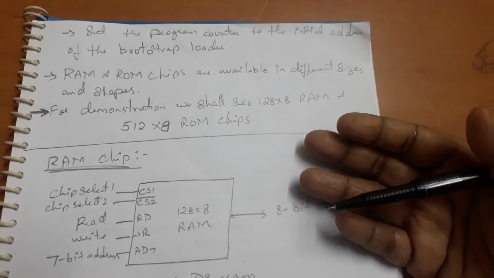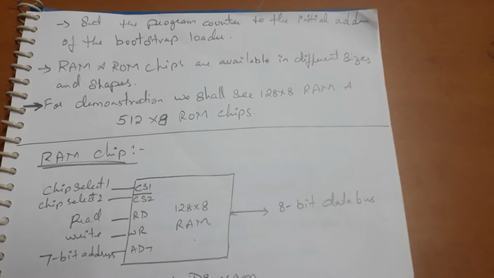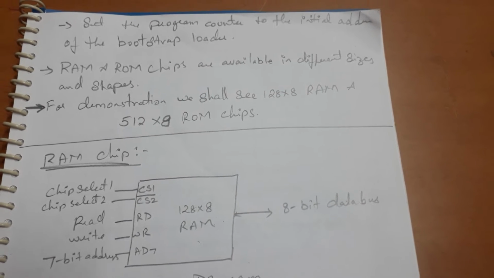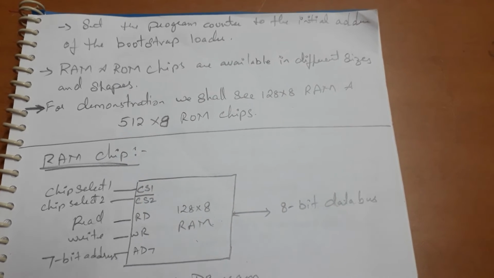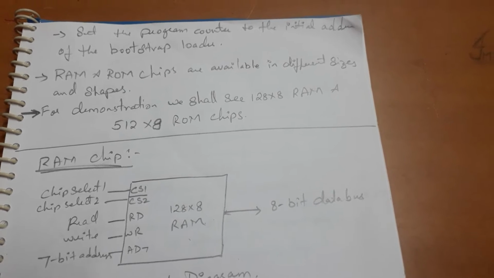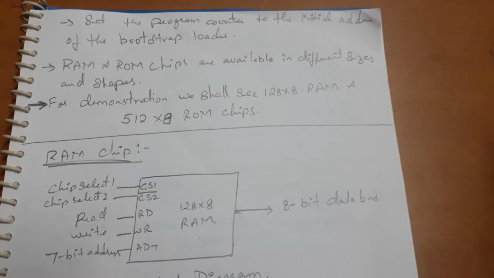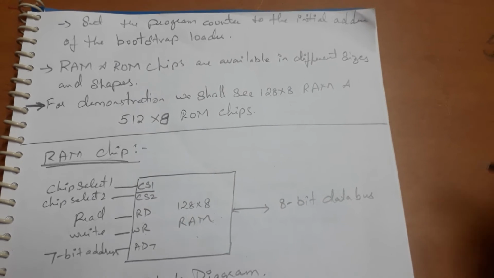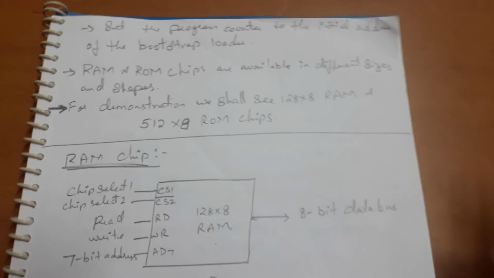From the program counter we move to MAR, MDR, then the instruction register, and then to the ALU. That is how the flow of the instruction goes, and slowly the computer turns on, and it will load part of the operating system into the RAM, and now your system will be ready to work for any application software. RAM and ROM chips are available in different sizes and shapes.